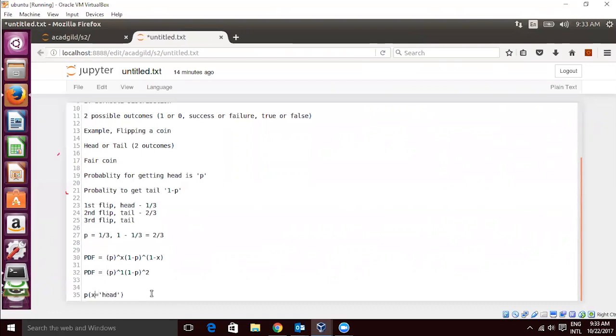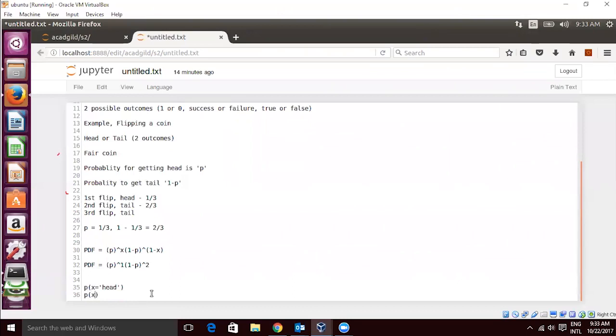What is the probability to get head? Or you can say, what is the probability to get tail? When someone asks a question like this, before that you should know the probability, meaning the probability of head or the probability of tail.